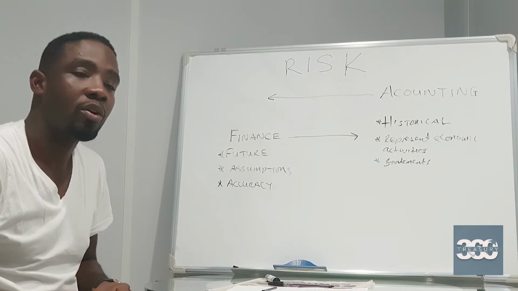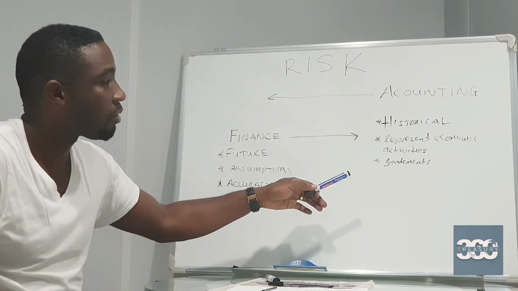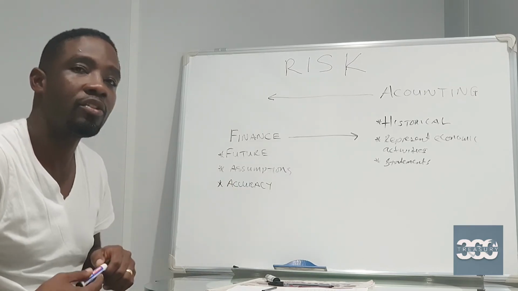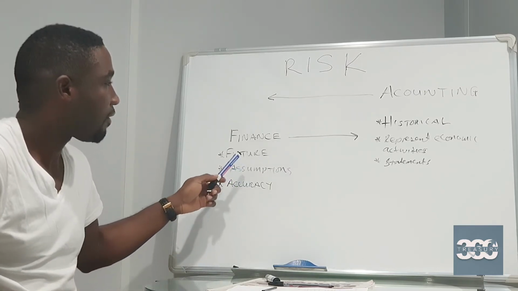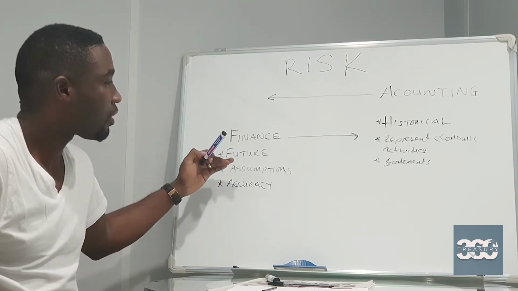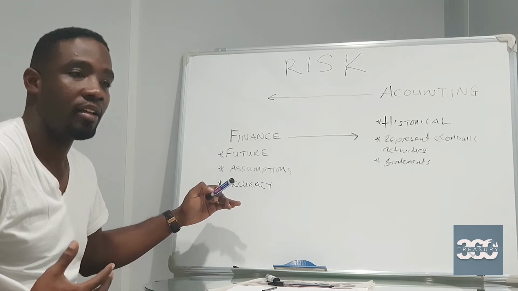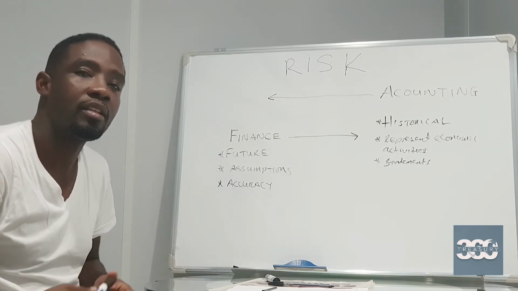So let's look at how an accountant would use these skills to be successful as a treasury person, and a finance person use his concept of risk as a trait that will help him succeed in a treasury environment.